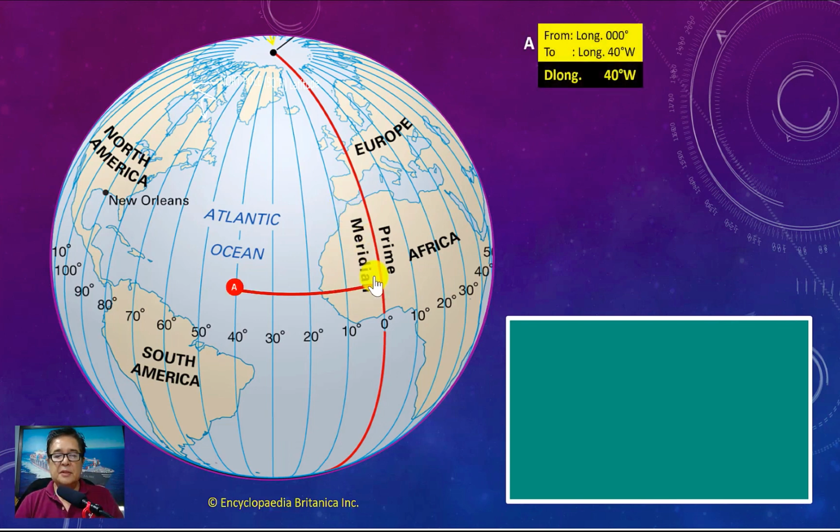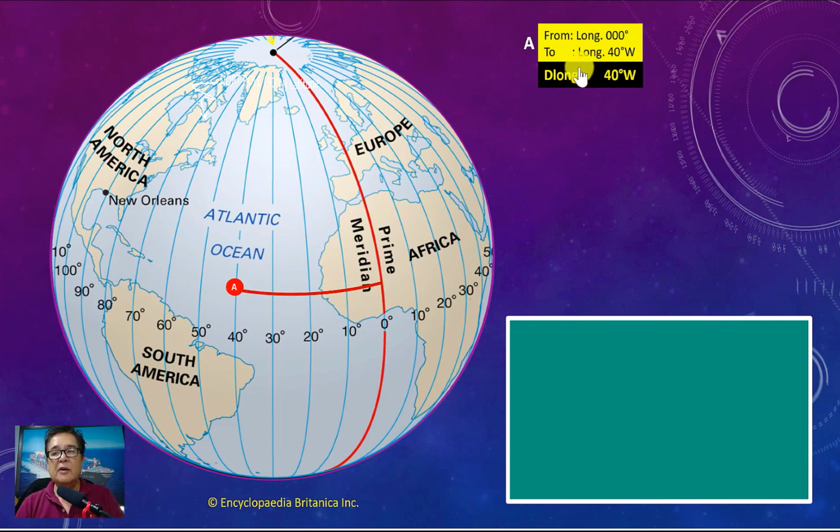From point 0 at the prime meridian to 40 degrees west, the ship is moving from 0 to 40 degrees west. To find the distance, the difference of longitude, just count 10, 20, 30, 40. 40 degrees, the direction is going west.